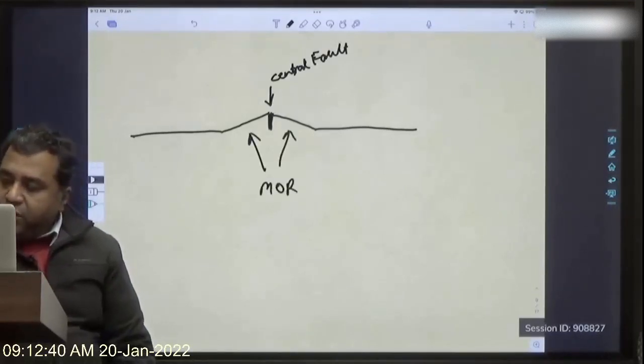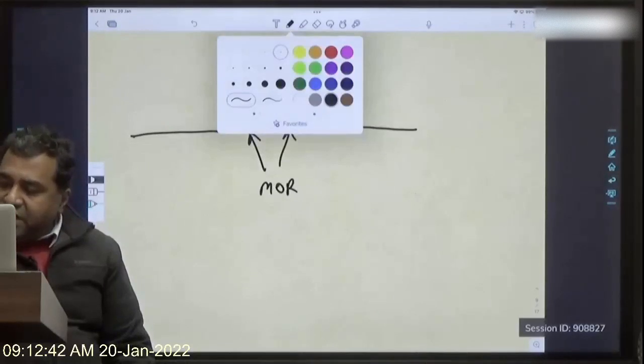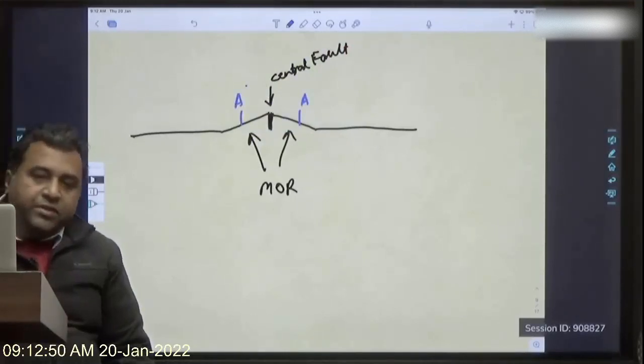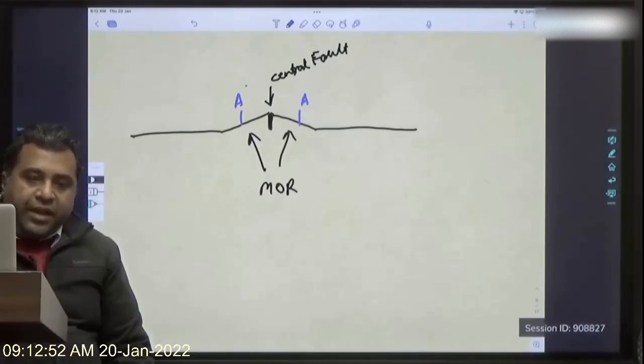So if we took rocks at equal distance on both the sides, for example, from location A and location A dash, then the rocks at A and A dash showed great similarity.